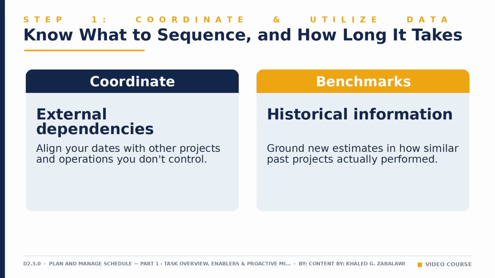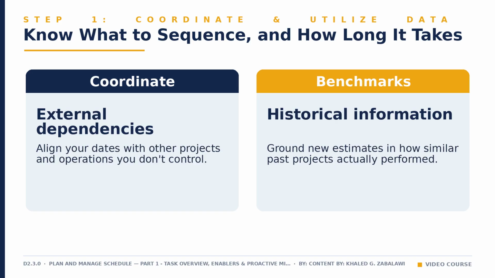Before you can sequence a single activity, this first enabler asks you to do two things: coordinate and use data. Neither is optional, and skipping either one is exactly how schedules get built on sand. Coordinating means identifying cross-project dependencies, work outside your direct control that your schedule still depends on. If your project needs a server that operations is upgrading next month, your schedule has to align with theirs, not the other way around.